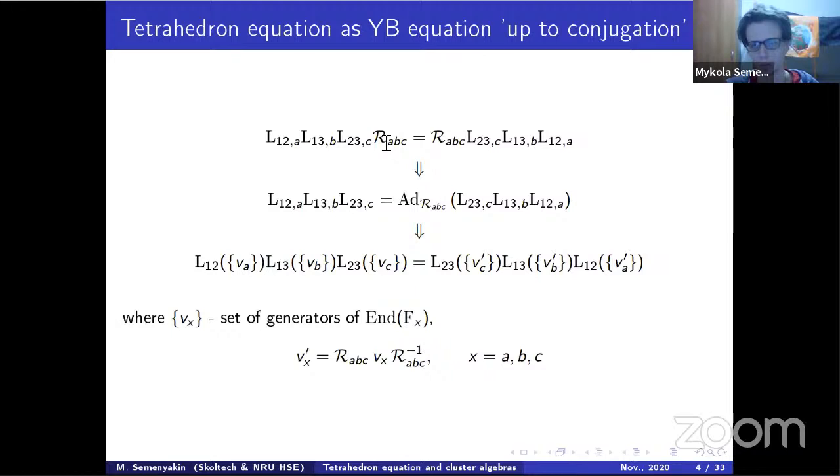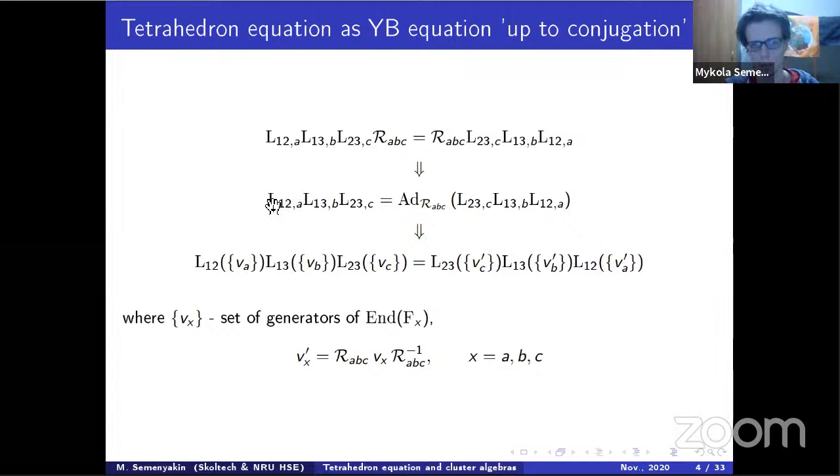So just multiply by R to the minus first on the right side, and get this form where now we consider the action of these operators on a third space, which is of a different type, as a dependency of Lax operators on some probably non-commuting operators.